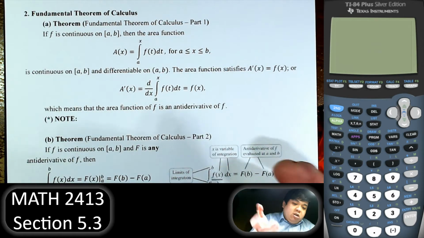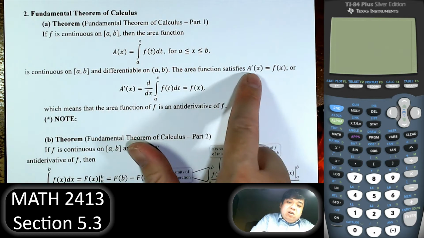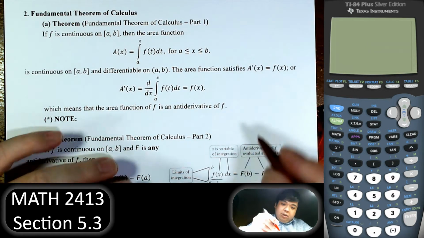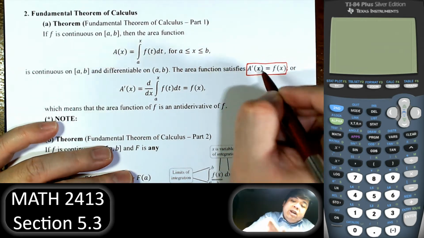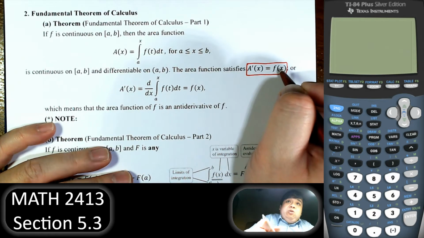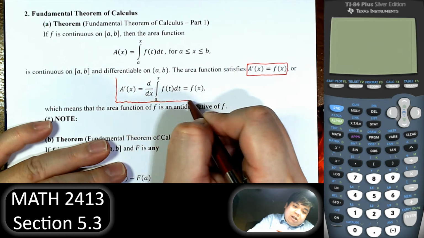And of course, if the function is continuous and differentiable, the area function satisfies this: the derivative of the area function is equal to the function itself. So we write it like this.